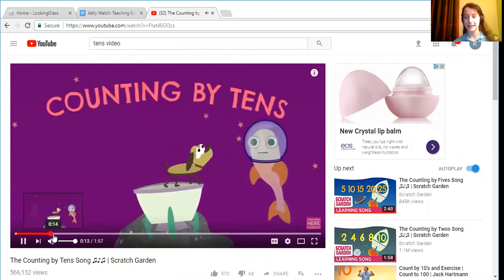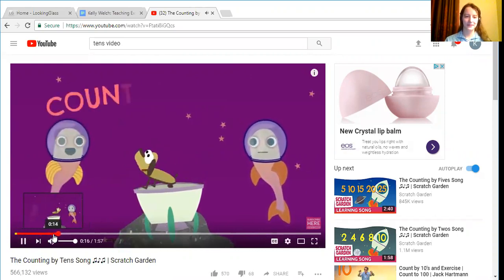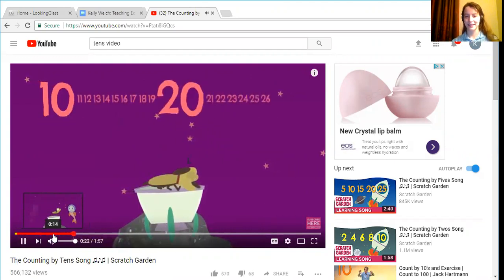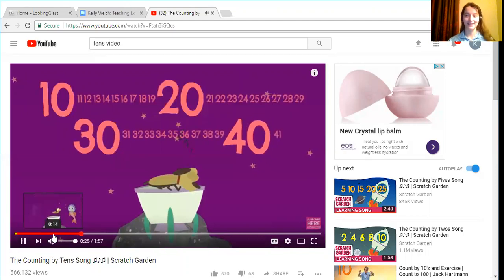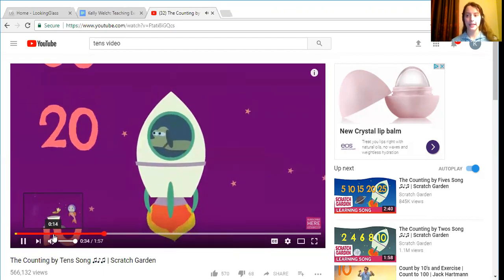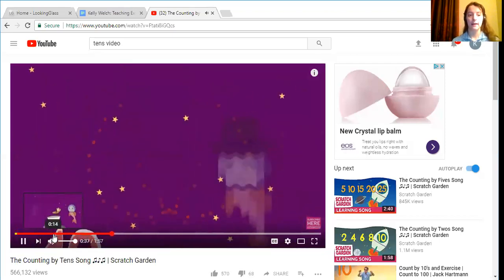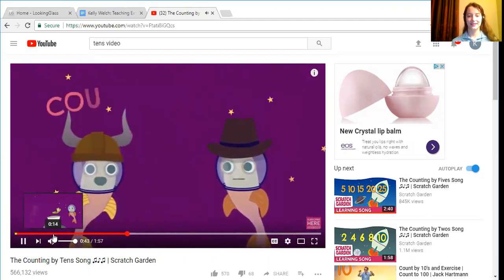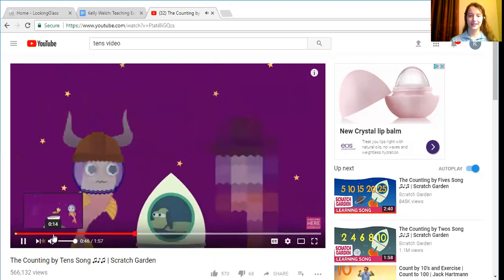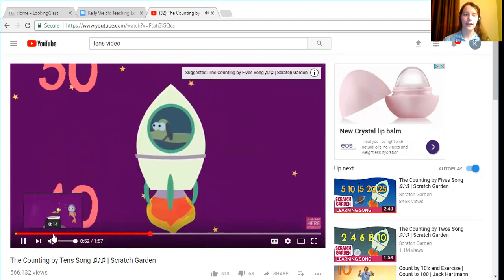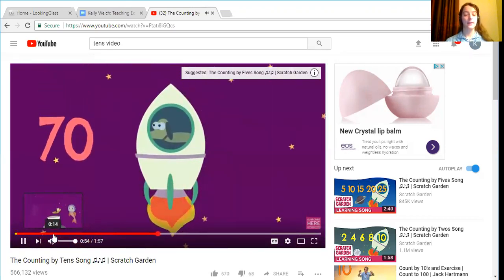Counting by tens. Now you start with the number 10, and as you go along, jump 10 numbers and practice this song. Here's a little hint to help as you go. Just count up by ones and then add a zero. Like this. 10, 20, 30, 40. Counting by 10's. Let's do it again, but let's go higher. 10, 20, 30, 40, 50, 60, 70, 80.